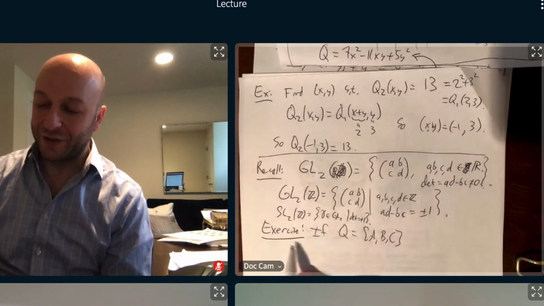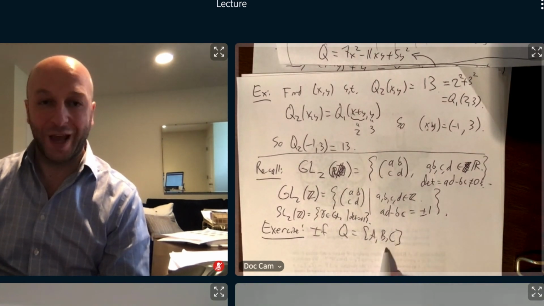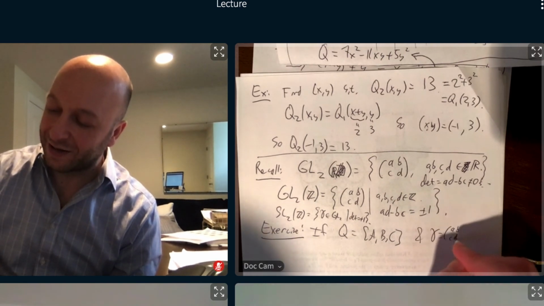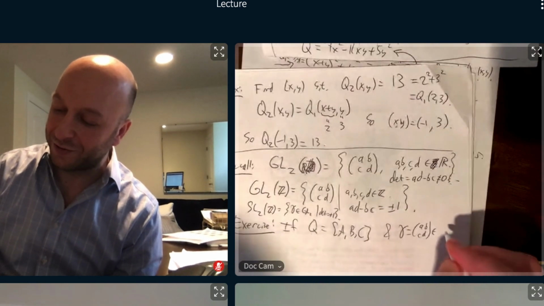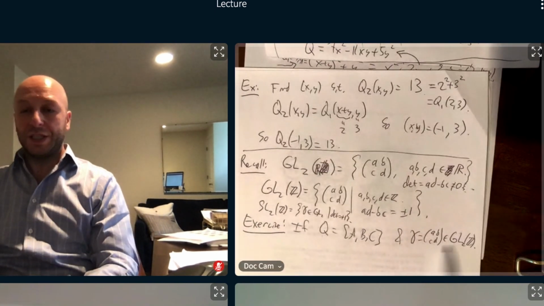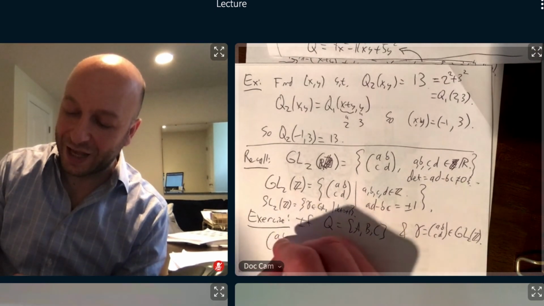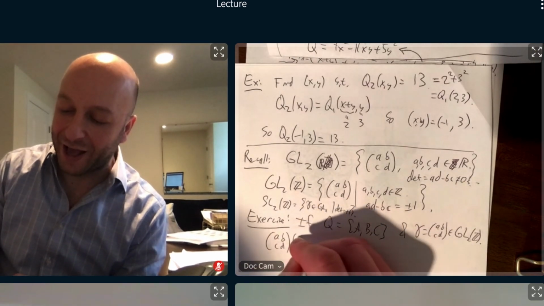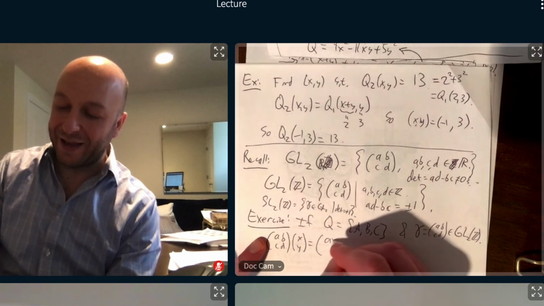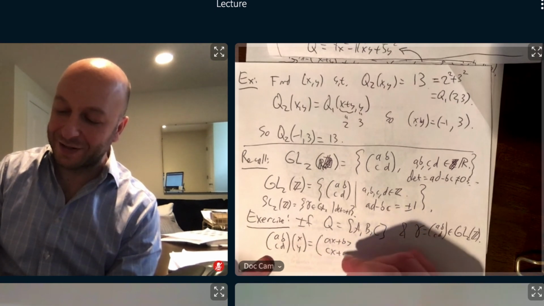Okay, so here's the exercise. If Q is the quadratic form ABC and gamma is ABCD in GL2Z, so this is supposed to be a linear transformation. How does ABCD act on a pair XY? It replaces X by AX plus BY, and it replaces Y by CX plus DY.